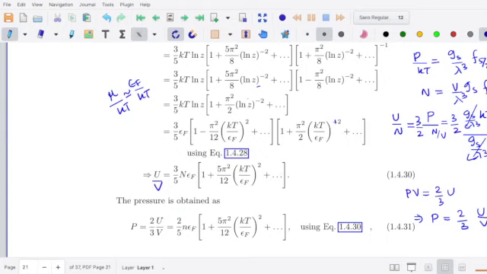So pressure is 2 by 3 of whatever that is, so that will give 2 by 5 n epsilon f times this series. That's given by this one.